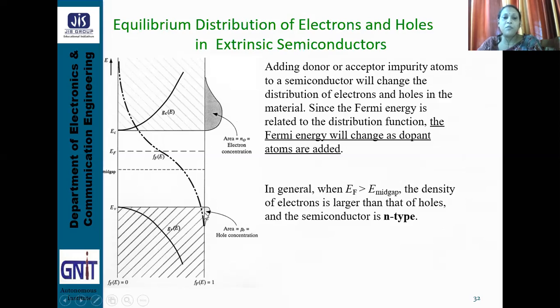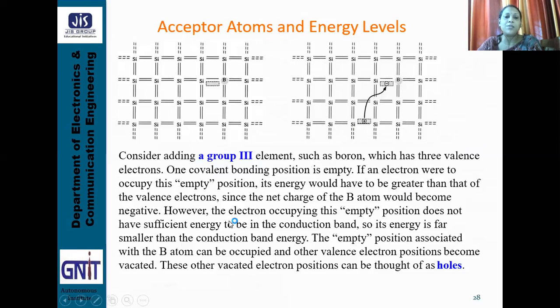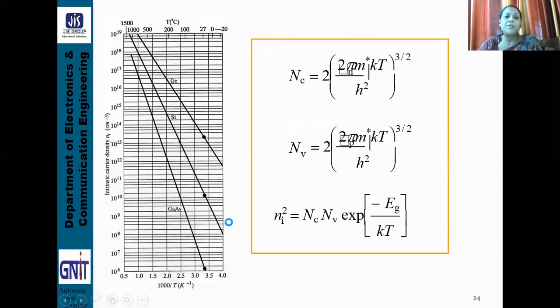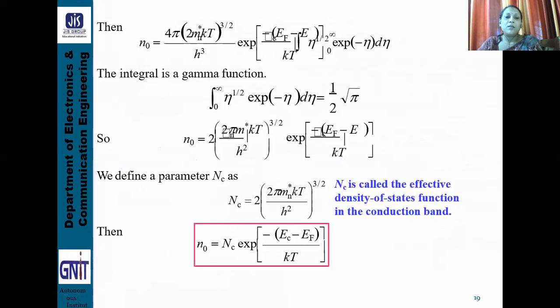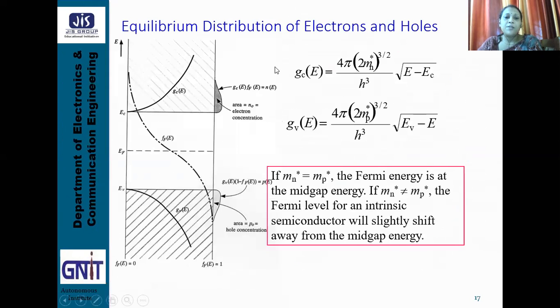If you go to the earlier slide, you can see that in case of an intrinsic semiconductor, this area and this area were the same. These two areas were the same because the electron concentration and hole concentration were the same.